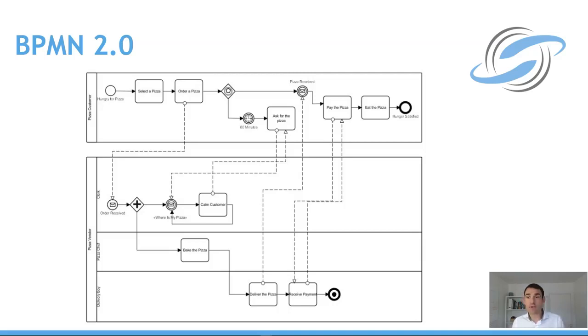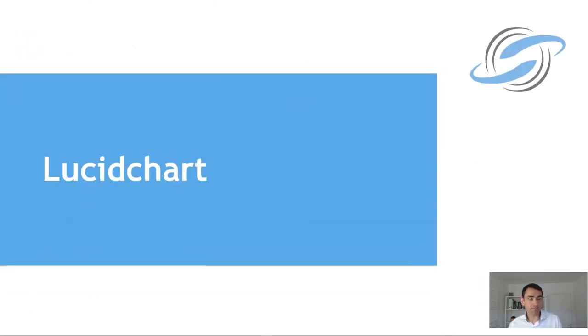Although from a starting point of view, they're just as easy to create, just as easy to use in a simple form, but this gives you much more depth when you need it. We're in the process now of undoing all the original flowcharts we did and converting them all to BPMN. Avoid that by just starting with this from the beginning, even if you don't take advantage of all the advanced techniques. So next, I'm just going to quickly show you Lucidchart.